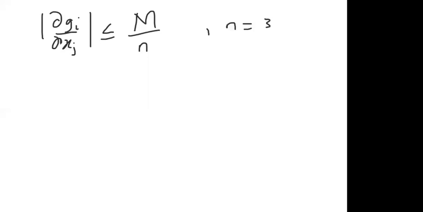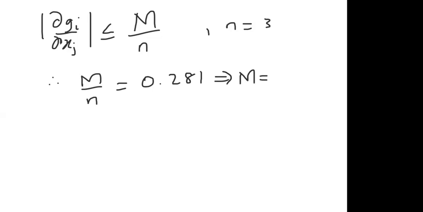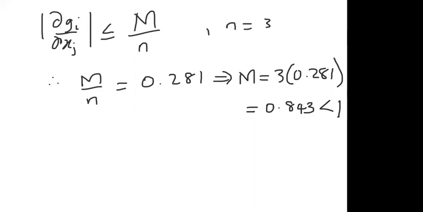So I can say from here, m/n should be equal to the greatest, which is 0.281, so that from here I solve for m. So this will imply my m will be equal to n, which is 3, times 0.281. And if you multiply there, you should be able to get 0.843.